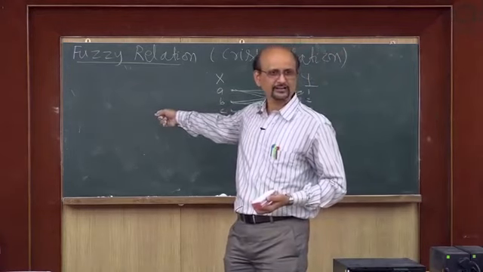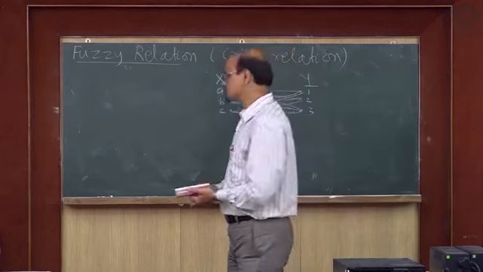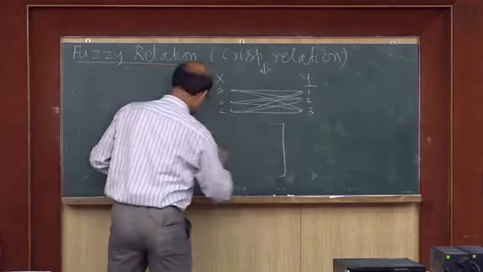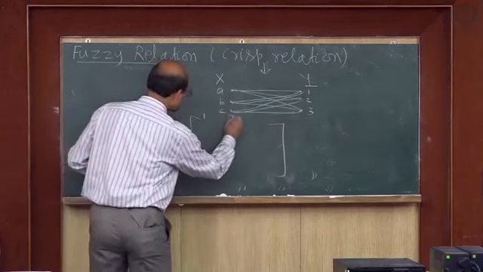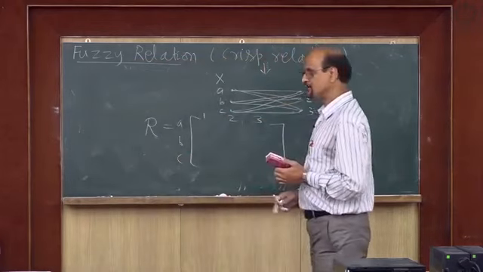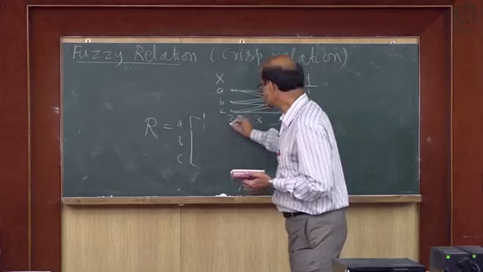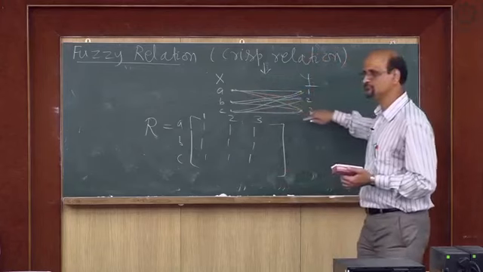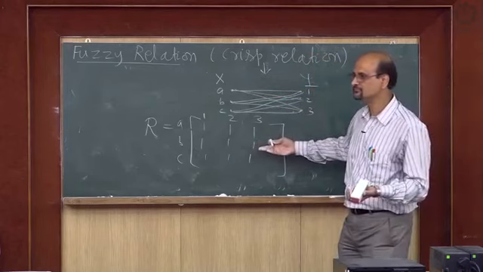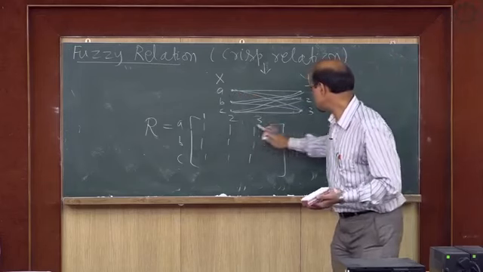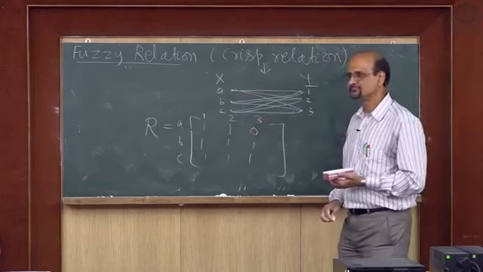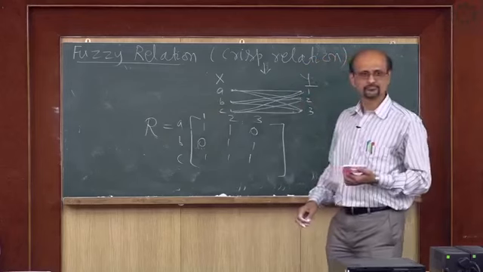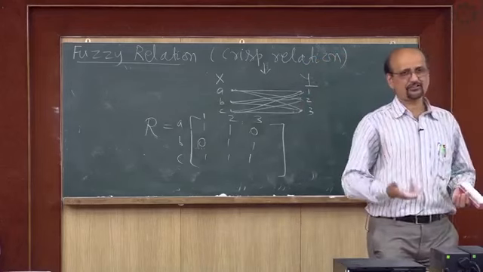So, I can write the relation matrix. The relation matrix for a crisp set R: I have A, B, C and here 1, 2, 3. A is related here, it is 1; all are 1. If I remove any arrow, those will be 0. Suppose I remove A to 3, then this is 0. If I remove B to 1, this will be 0. That means either you give the connection or not.